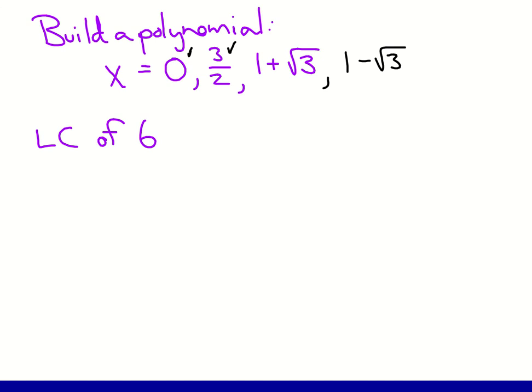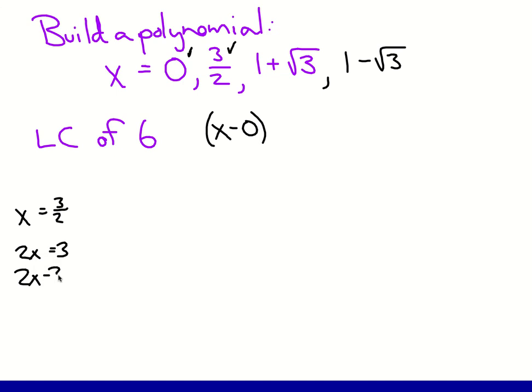I'm going to wait until I get to the end, and then I'll put a y equals on that. The factor that would present me with x equals 0 would be the factor of x minus 0, which is just x. The factor that would give me the zero of x equals 3/2: if x equals 3/2, then 2x would equal 3 if I multiply both sides by 2.